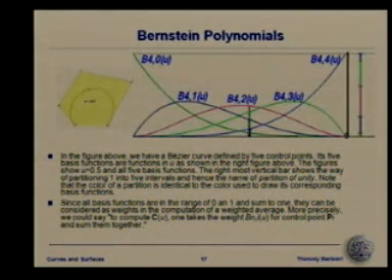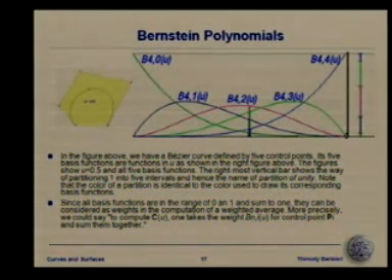Why? Because by definition of Bernstein, the first Bernstein polynomial, B40, at 0 equals 1. All the other Bernstein polynomials equal 0 there, except the highest degree Bernstein polynomial, which equals 1 over here. So what happens? The only survivor over here at 0. I'm sorry, this is 0, this is 1, and this is the value of u. The value of u here is 0, the value of u here is 1.